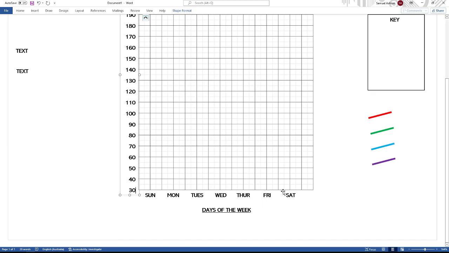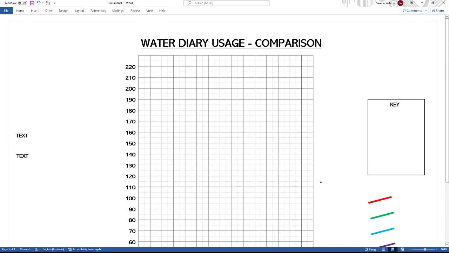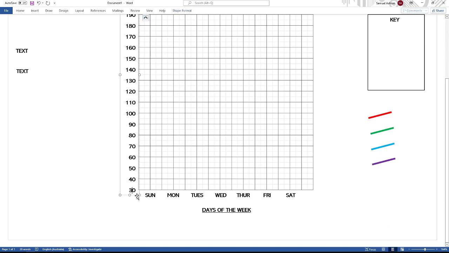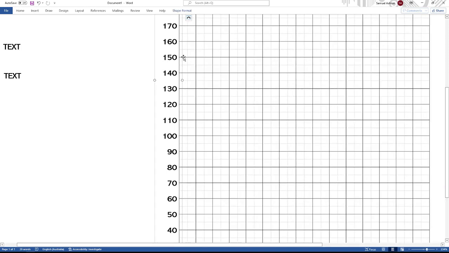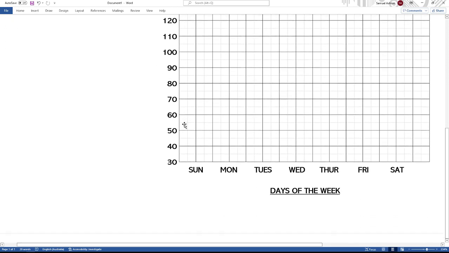I could have even started at 0 if I wanted to. I think I definitely could have started at 0, but you don't have to in a graph. As long as your numbers match up to a line, that's the most important part. If your numbers are hanging out in the middle and they're all uneven and they don't go up evenly, then you're in trouble. But just make sure they're evenly spaced all around.